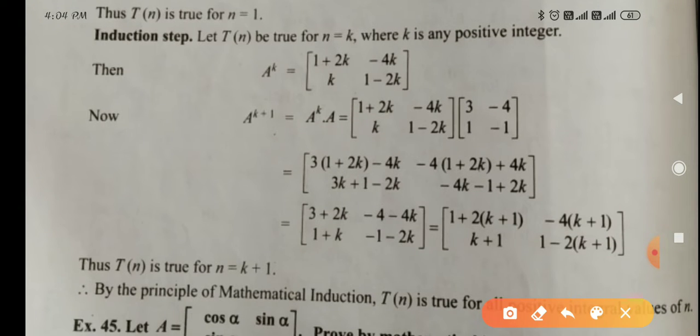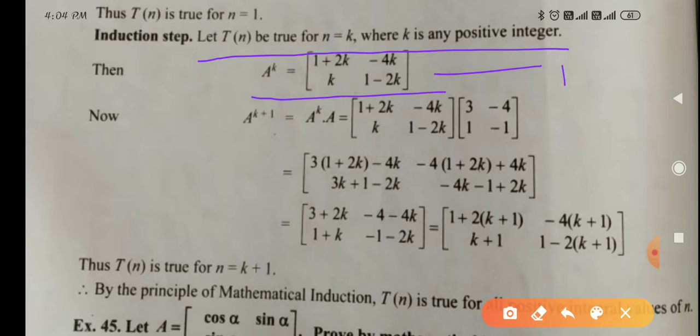In the second step you have to suppose Tn is true for n equals k, where k is any positive integer. So A to the power k equals 1 plus 2k, k, minus 4k, 1 minus 2k. Where n is written, you have to write k. So this is the first equation you can take.